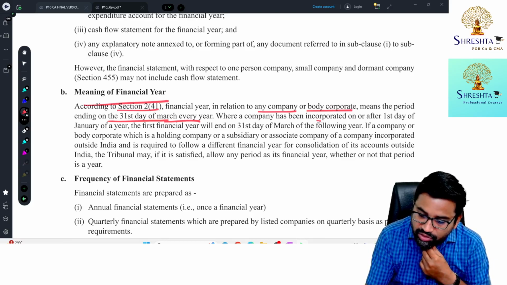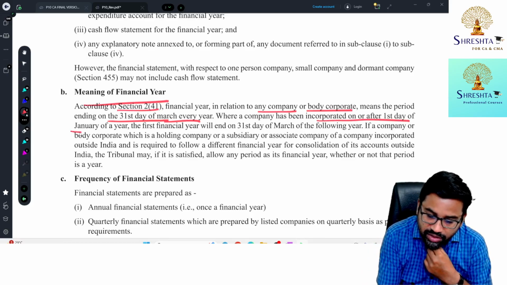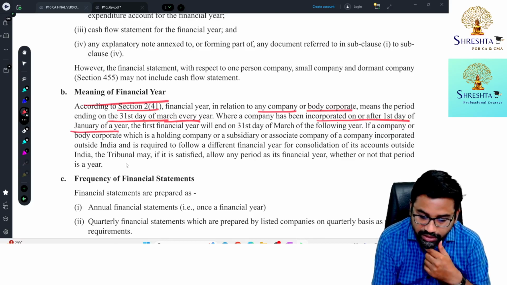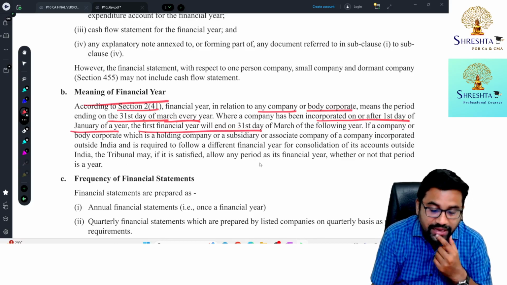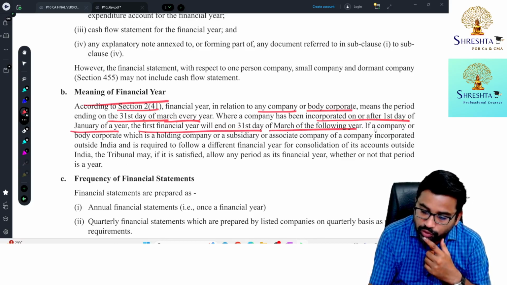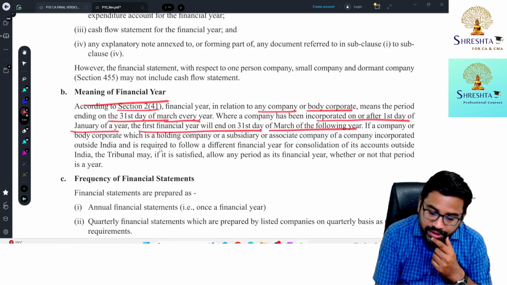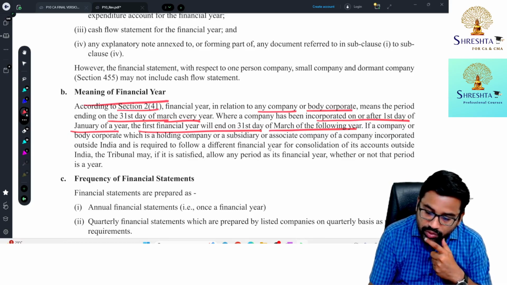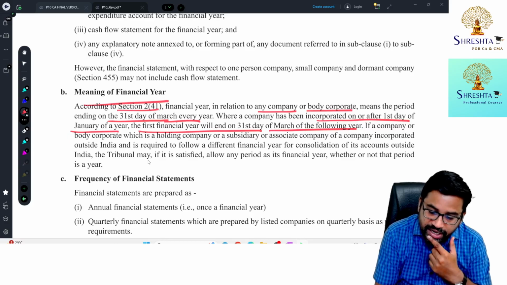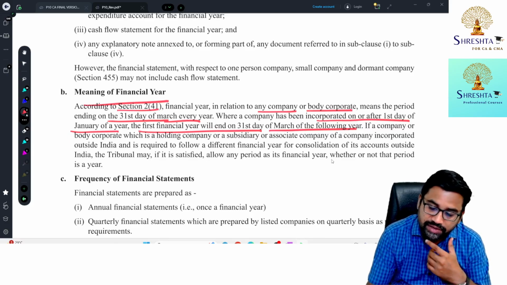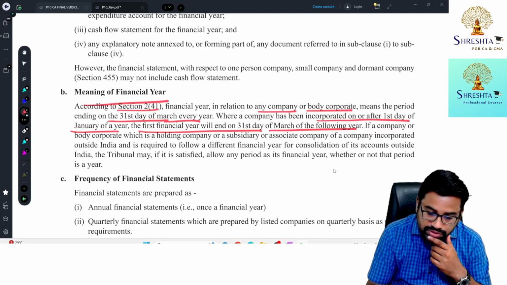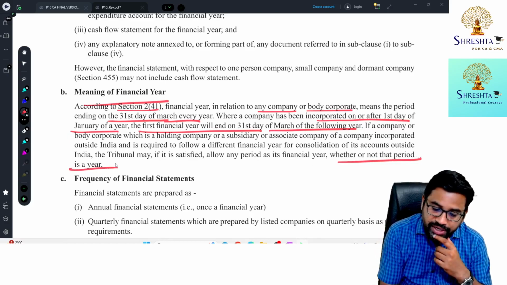Where a company has been incorporated on or after the first day of January of a year, the first financial year will end on 31st March of the following year. If a company or body corporate which is a holding company, subsidiary or associate company of a company incorporated outside India is required to follow a different financial year for consolidation of its accounts outside India, the Tribunal may, if it is satisfied, allow any period as financial year, whether or not that period is a year.